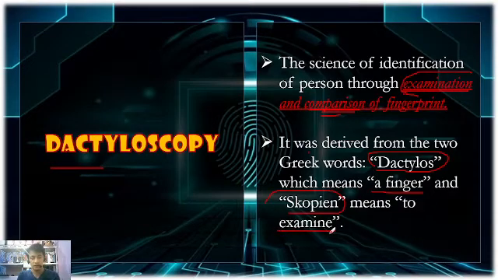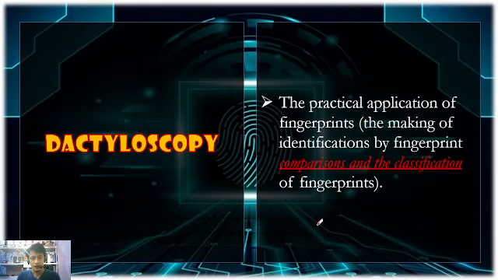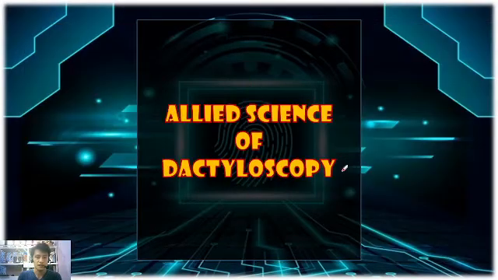So that is for dactyloscopy. Dactyloscopy is also a practical application of fingerprints and the making of identification by fingerprint comparison and classification of fingerprints, just the same as what we said a while ago.